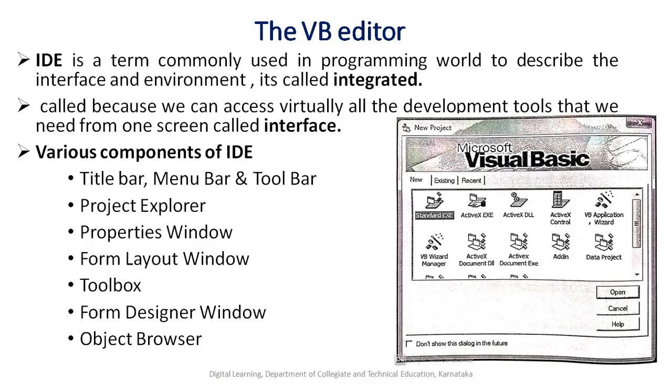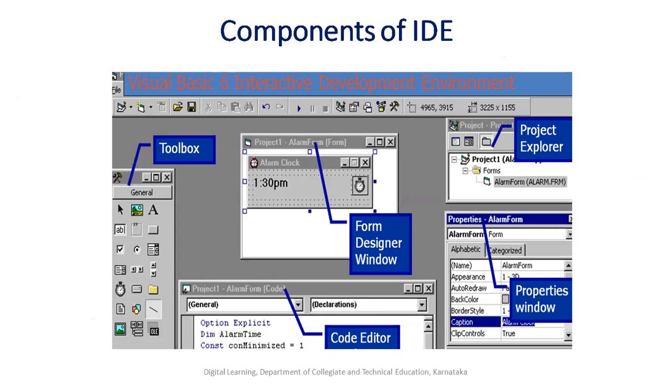A standard EXE project consists of various components like title bar, menu bar, toolbar, project explorer, properties window, form layout window, toolbox, form designer window, and object browser. The diagram here shows the various components of the IDE.